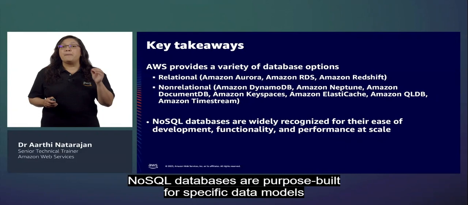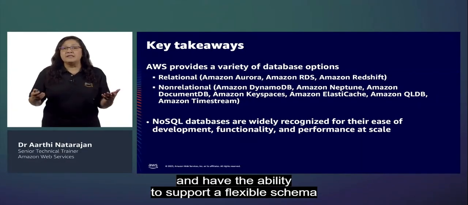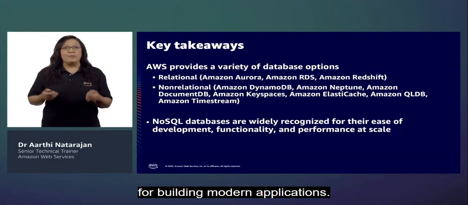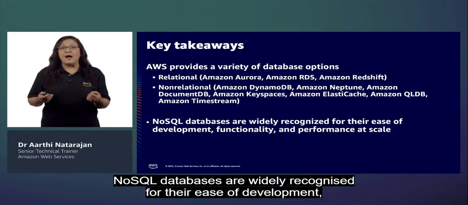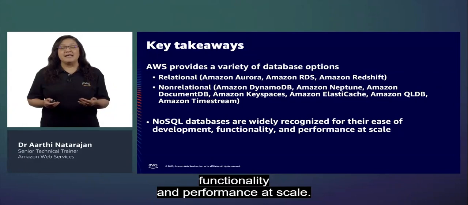NoSQL databases are purpose-built for specific data models and have the ability to support a flexible schema for building modern applications. NoSQL databases are widely recognized for their ease of development, functionality, and performance at scale.